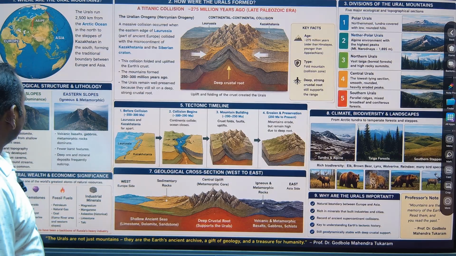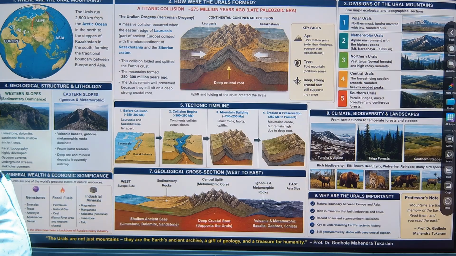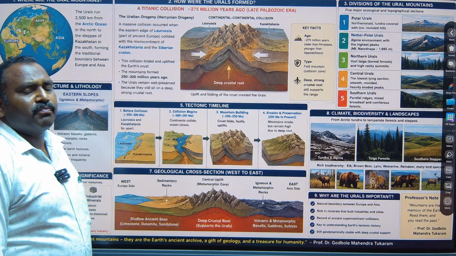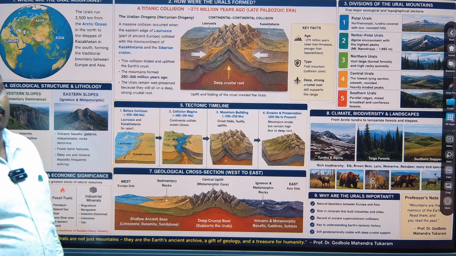Sandstones and limestones are situated on the western side, as well as highly developed karst topography, with gypsum caves, underground streams, and sinkholes common because of the interaction of groundwater or surface water percolating through the surrounding area.